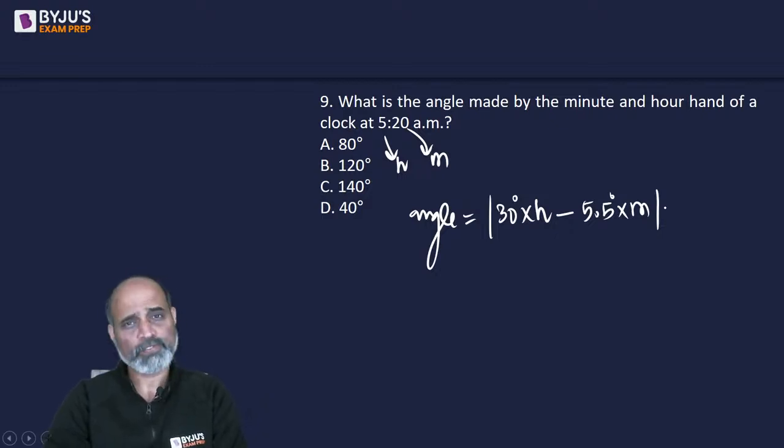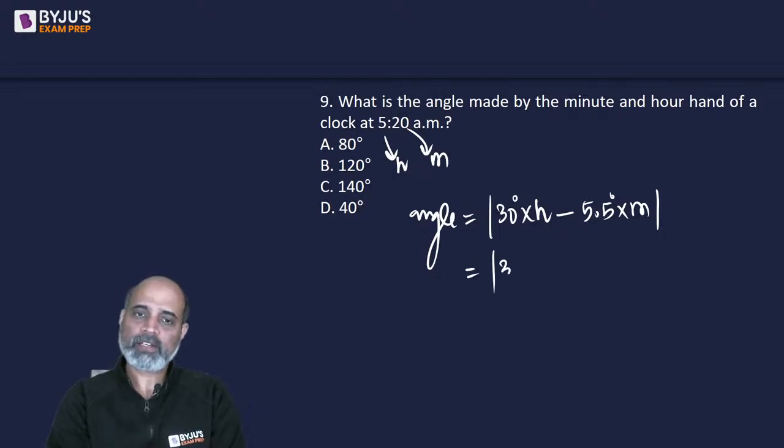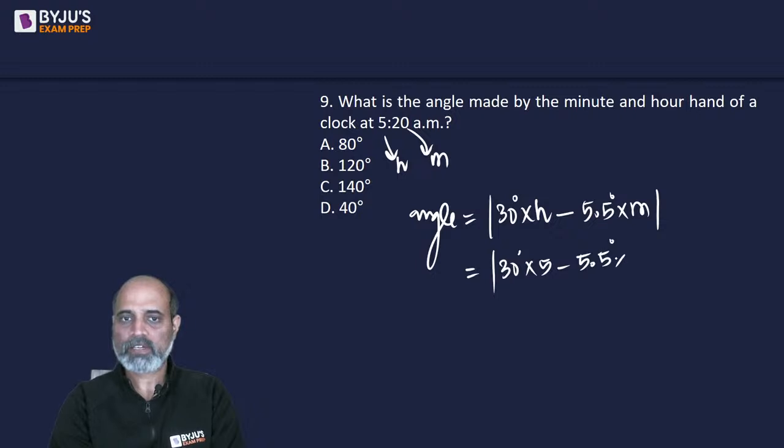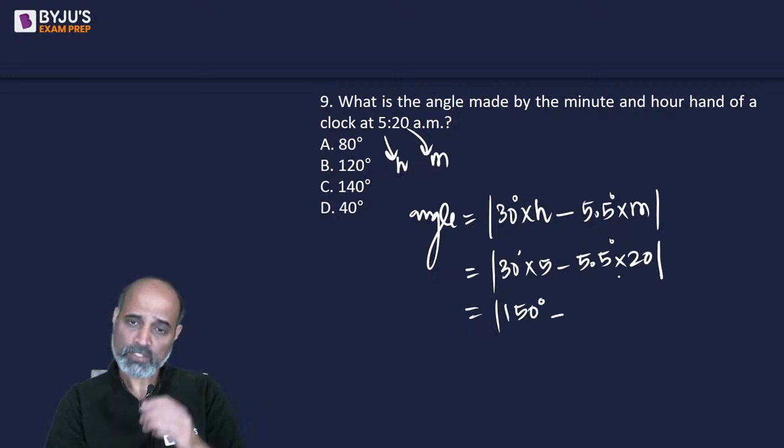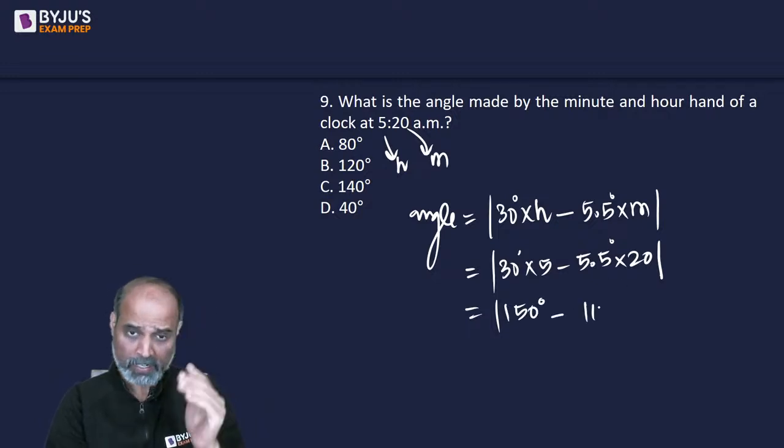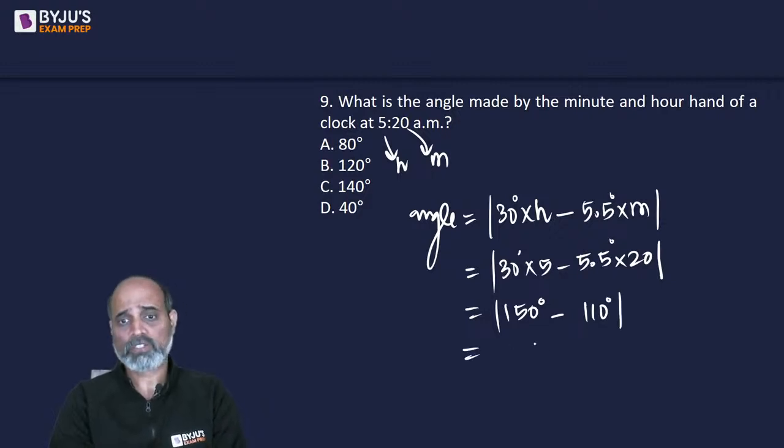So if it's negative, you will ignore it. So 30 degrees into h being 5 and m being 20, this is going to be 150 degrees and this is going to be 55 into 2, which is 110 degrees. So this results in 40 directly.